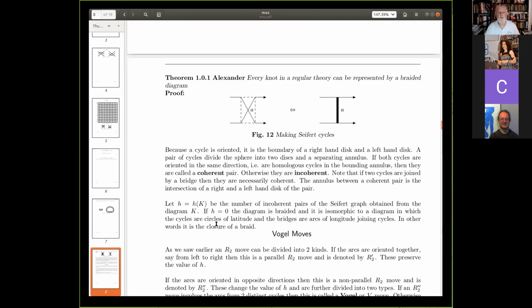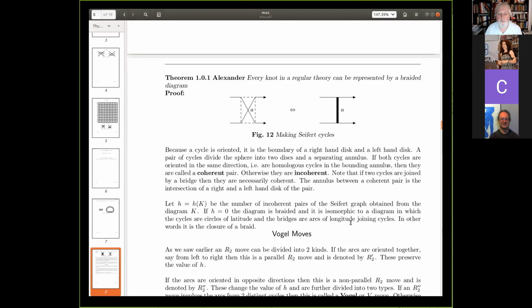So that's a really useful way of deciding if a diagram is braided. And it is isomorphic to a diagram in which the cycles are circles of latitude and the bridges are arcs of longitude joining cycles. In other words, it's the closure of a braid.